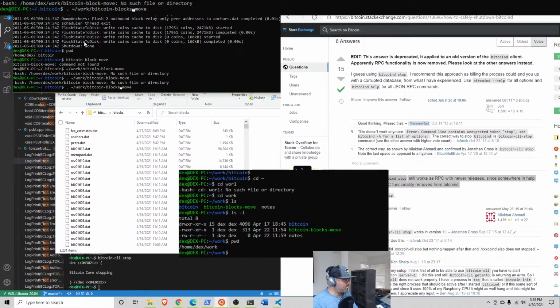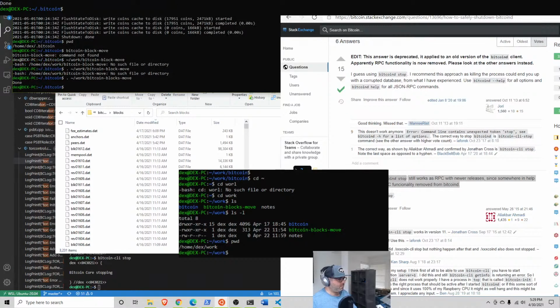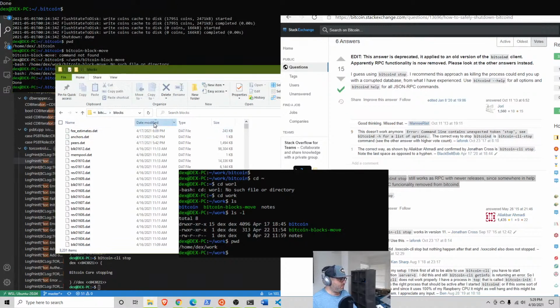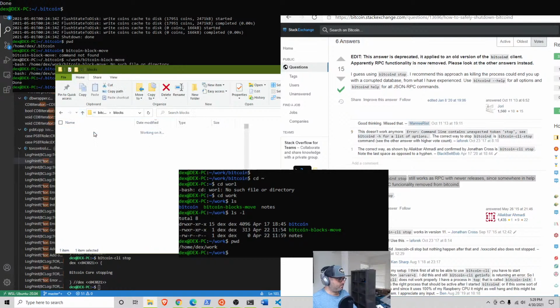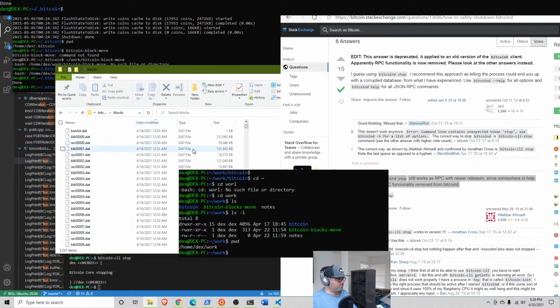Blocks. Done. Okay, now we do date modified. Oops, nothing. Didn't work.